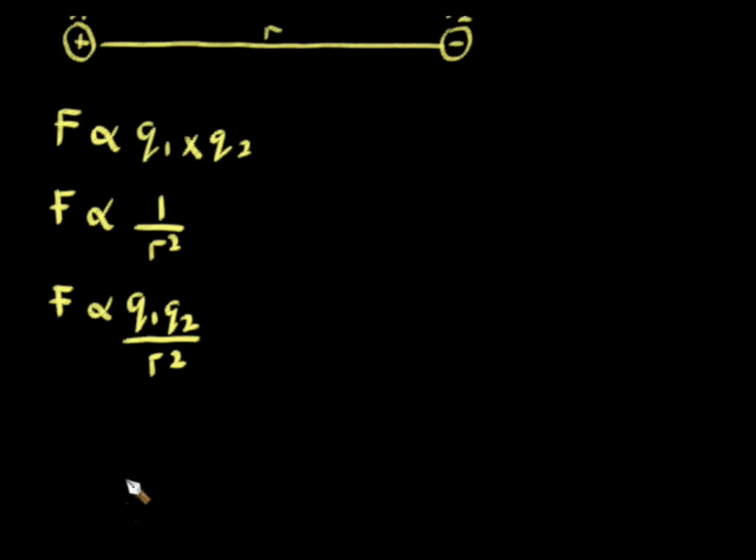We do that by introducing a constant K, so that F is equal to K Q1 Q2 all over r square. This is the formula to calculate the force between two charges separated by a distance.